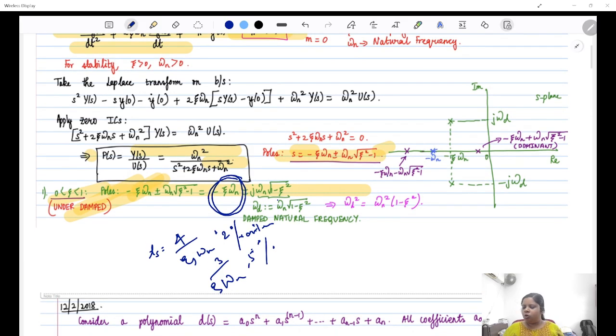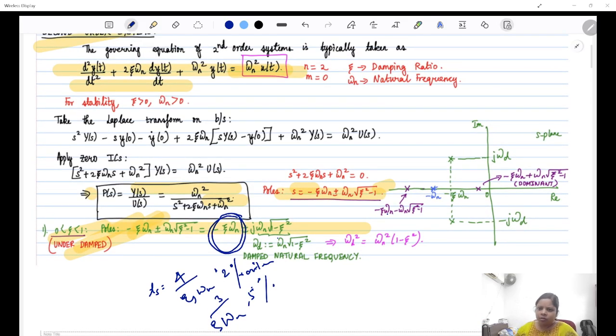In a question, will they give whether we should use 2% criteria or 5% criteria? If they give 2% or 5%, answer accordingly.